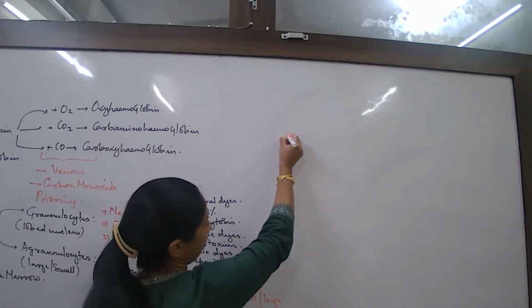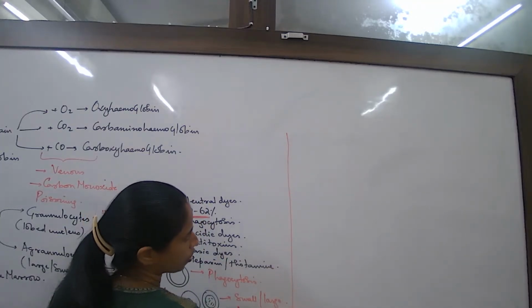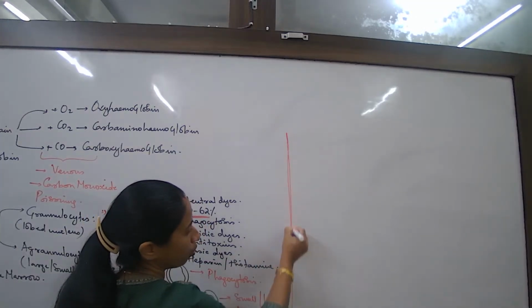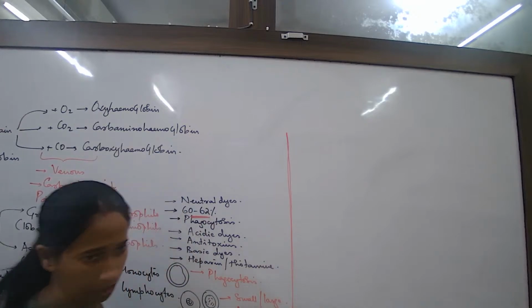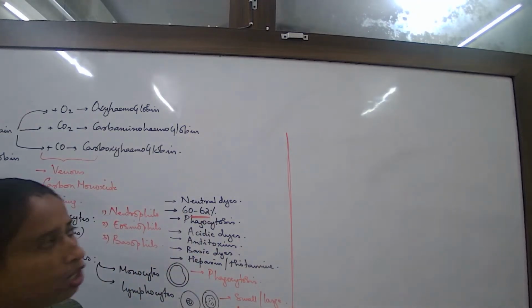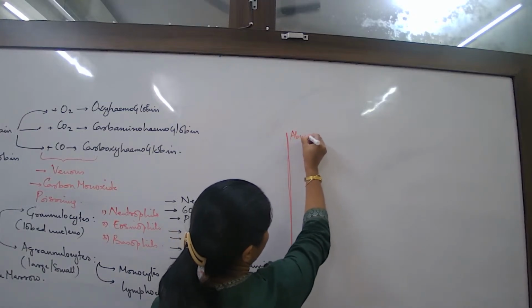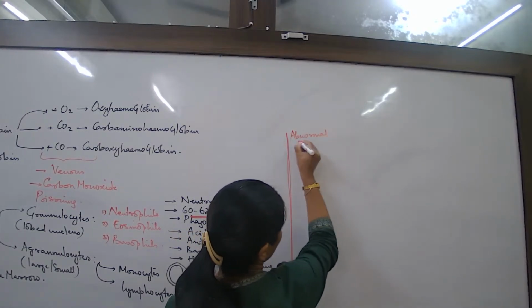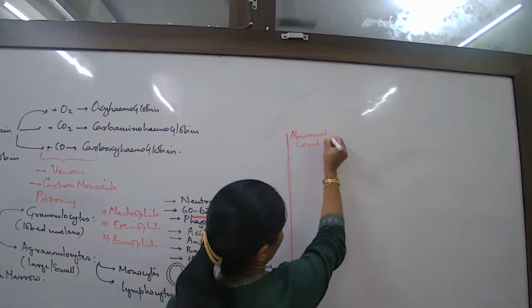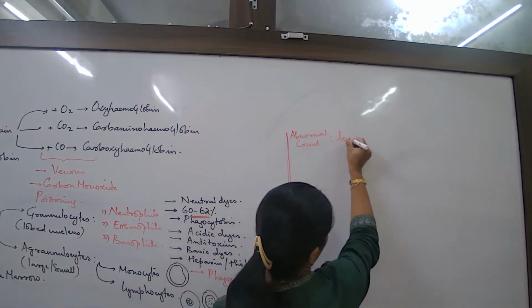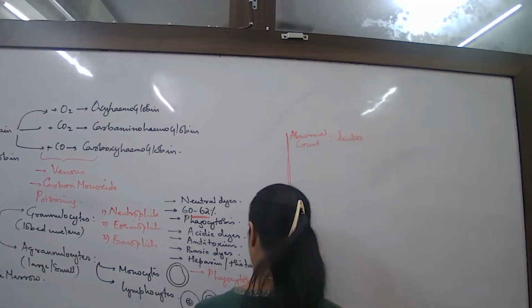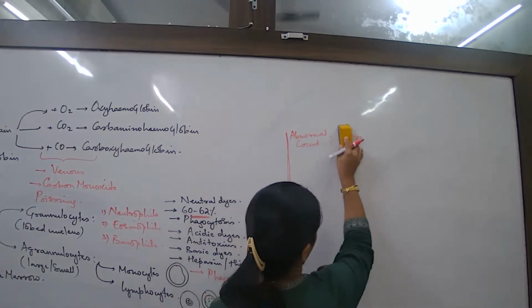What about WBCs? You have to remember. Did we talk about leukemia and leukopenia the other day? If I have to talk about abnormal count, these two terms have to be understood. Leukemia and leukopenia. The difference that you have to remember.